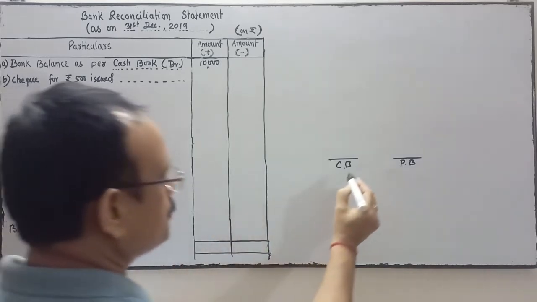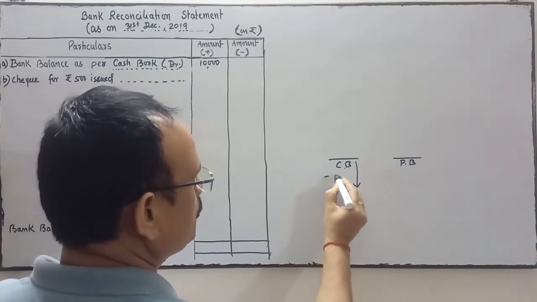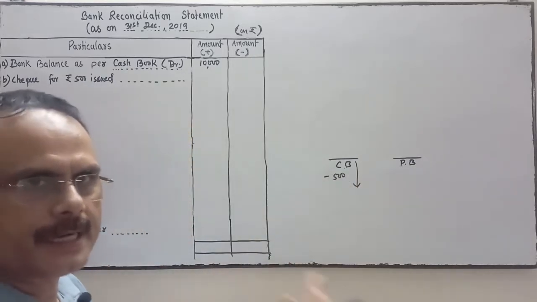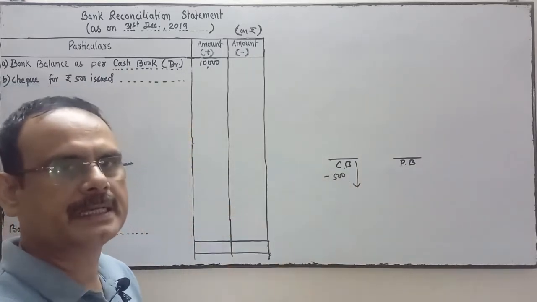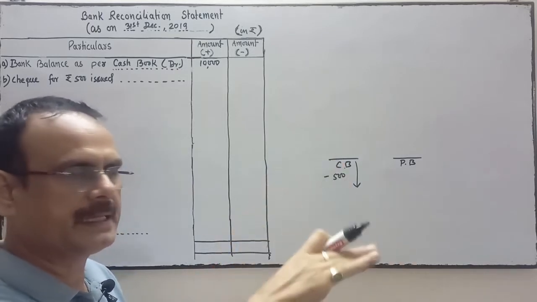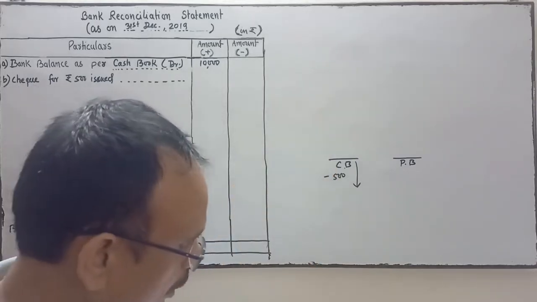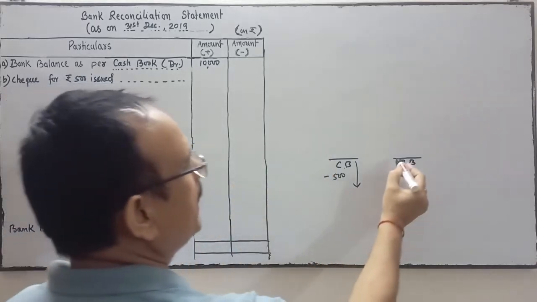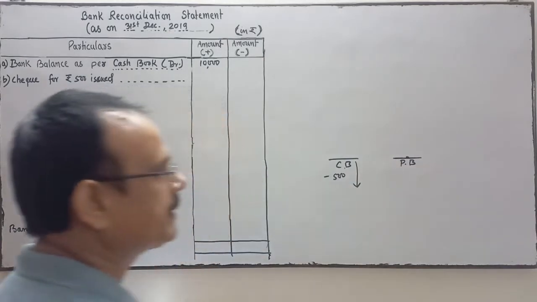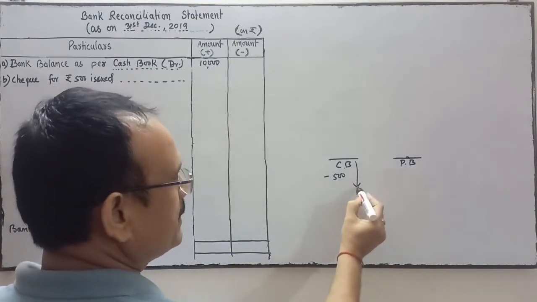When the check is issued, it is recorded on the credit side of the cash book, the payment side, and the cash book balance is reduced by 500. But that check is not presented for payment in the bank, so the passbook balance is not affected, it is as before.